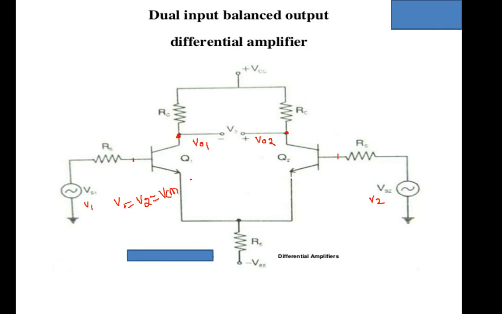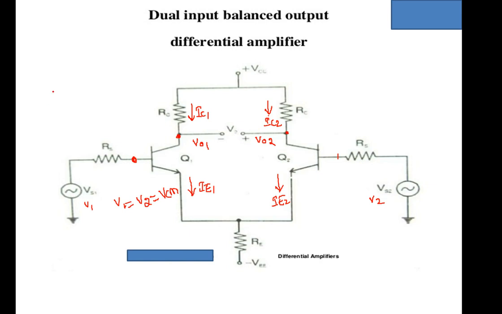So let us say here the emitter current flows, this is IE1, and the emitter current of transistor Q2 is IE2. Similarly, the collector current of transistor Q1 is IC1 and the collector current of Q2 is IC2.